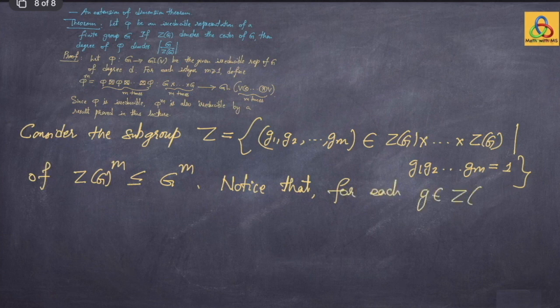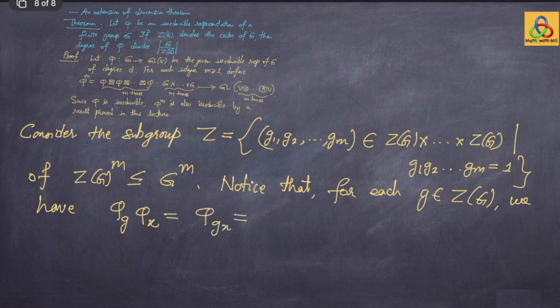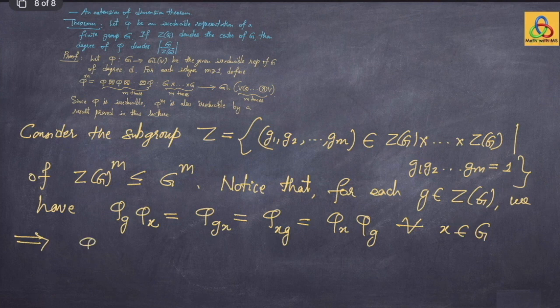Now notice that for each g belonging to the center of the group G, we have that phi g into phi x is the same as phi of gx because phi is a homomorphism. But g is in the center, this is the same as phi of xg, which is the same as phi x into phi g for all x in the group G. What does this imply? This implies that phi sub g is in Hom_G(phi, phi).